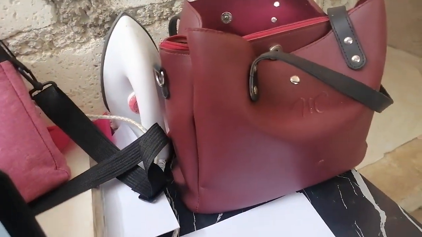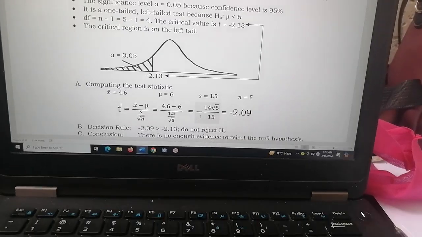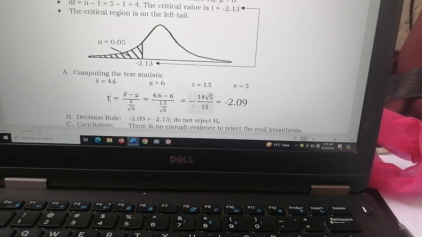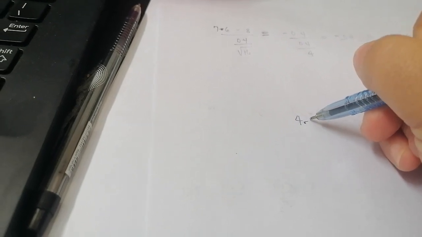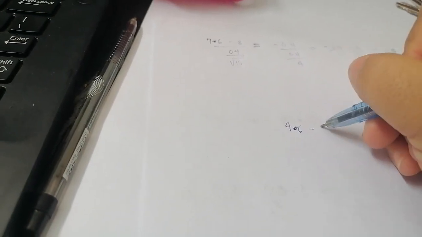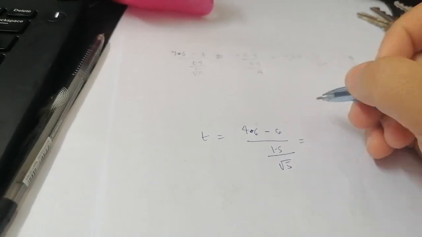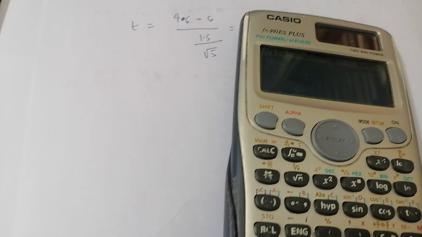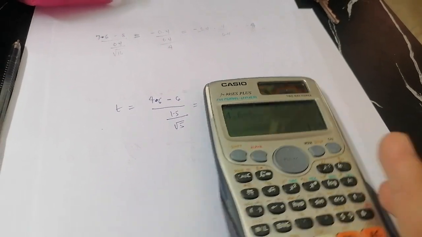So to solve, again, T is equal to the sample mean minus the population mean divided by the sample standard deviation divided by square root of N. So that is 4.6 minus 6, divided by 1.5 divided by square root of 5. 4.6 minus 6 is negative 1.4.